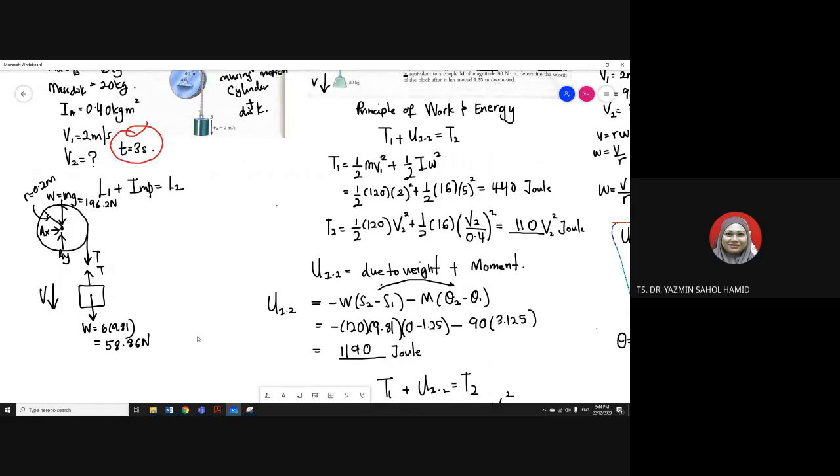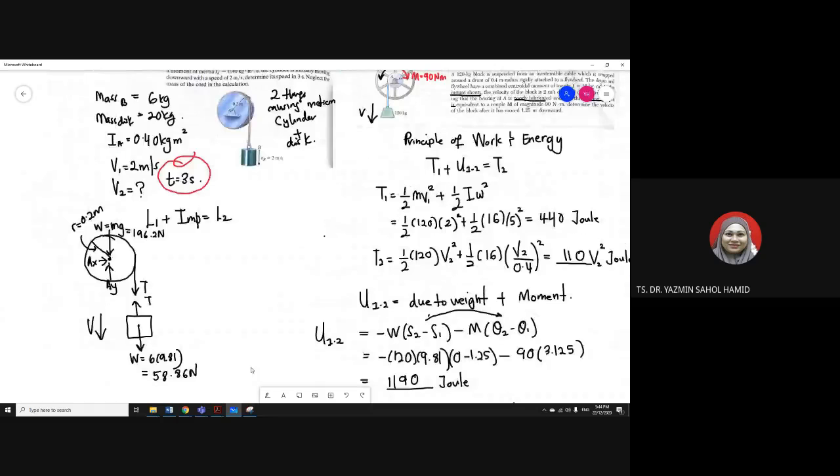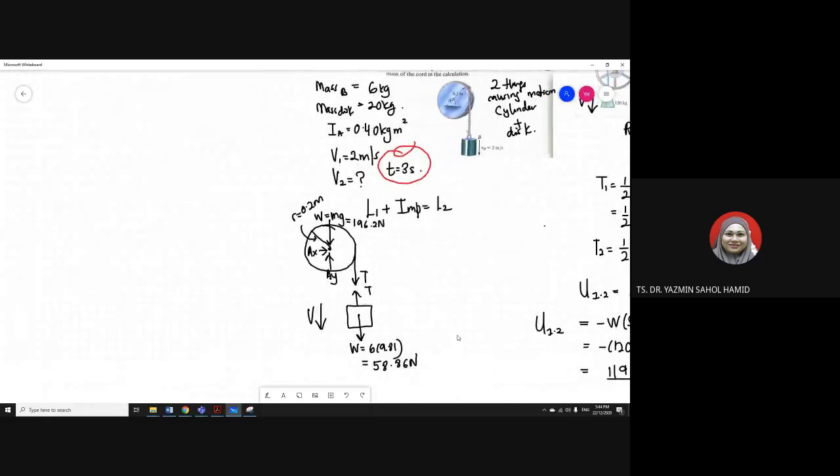Okay, boleh kat sini sikit lah, gerak sikit diagram. Okay, so first kita buat for the disc. Okay, now for the disc, remember the disc formula for L, dia ada dua kan, satu MV, lagi satu apa, I omega.